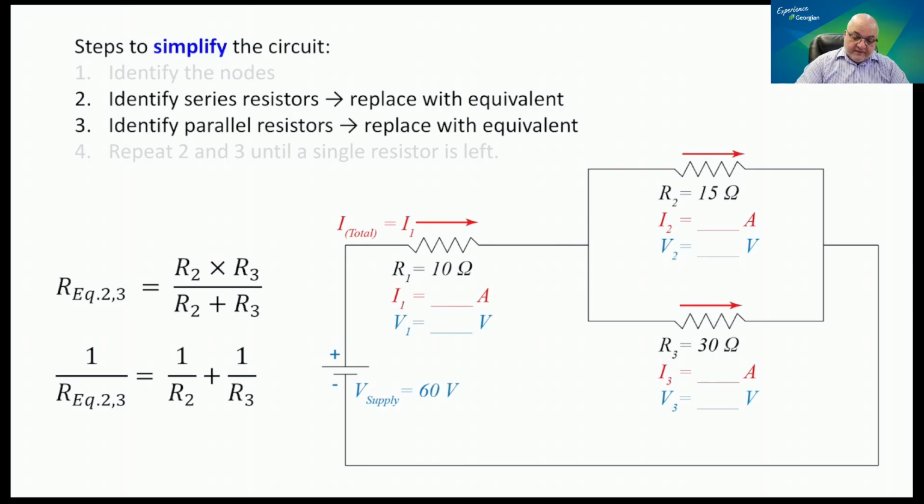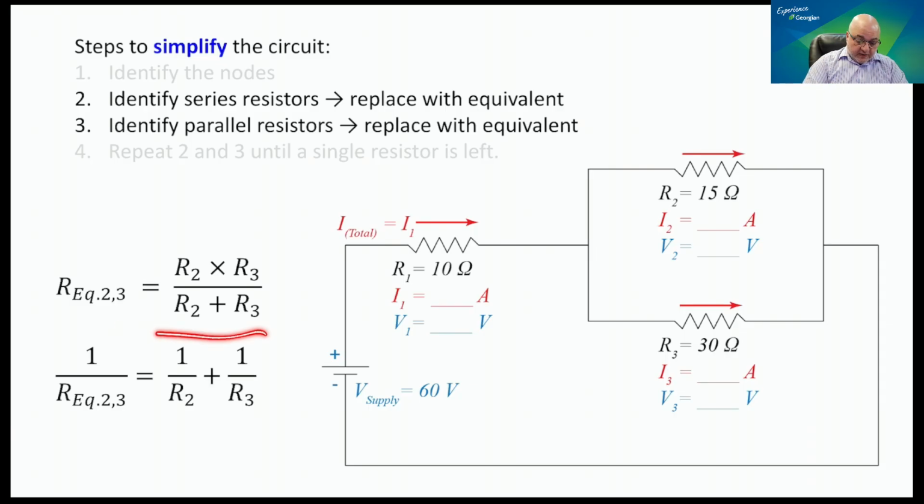Now, if I have determined that R2 and R3 are in parallel, I can use either this formula or this formula to calculate their equivalent, R equivalent 2 and 3. I like this formula. It's just simpler when you look at it, and it's also easier when you're using a calculator.